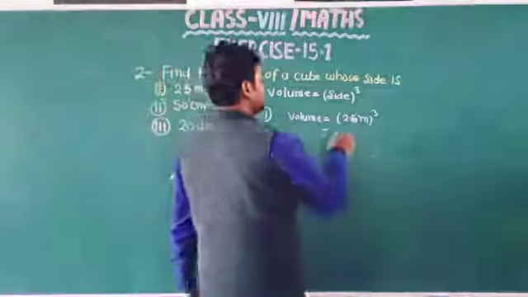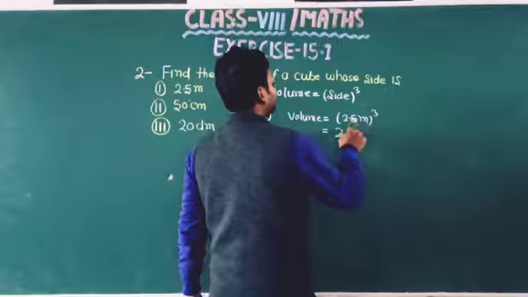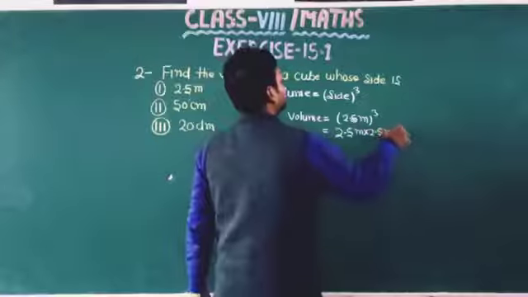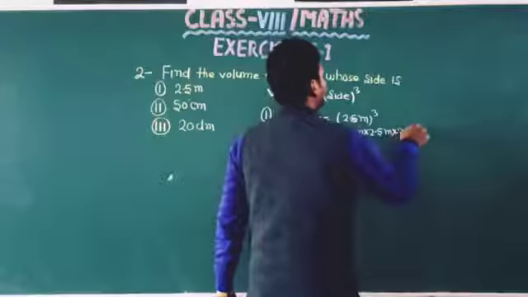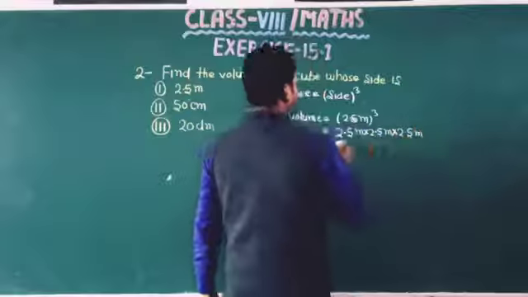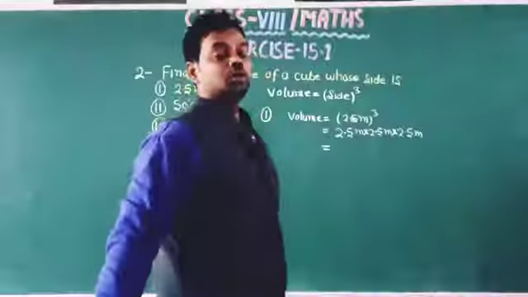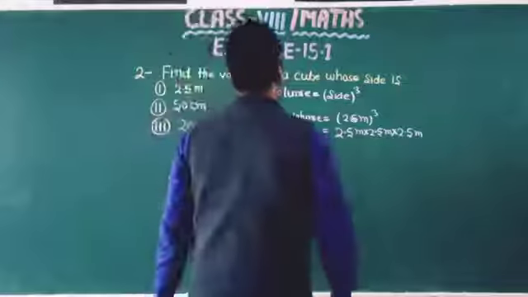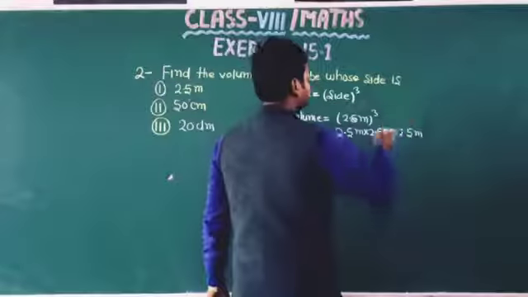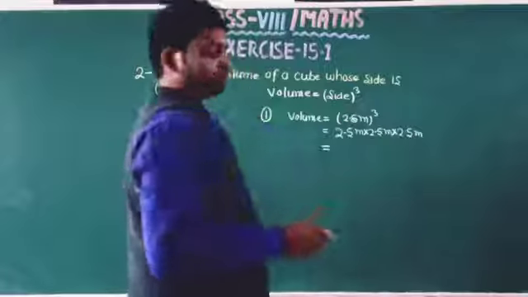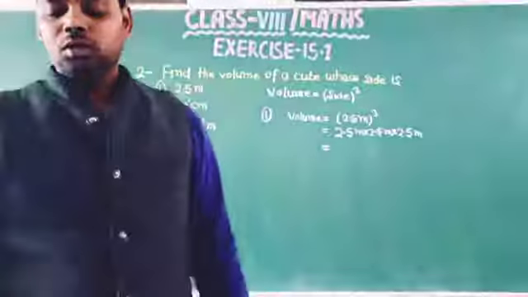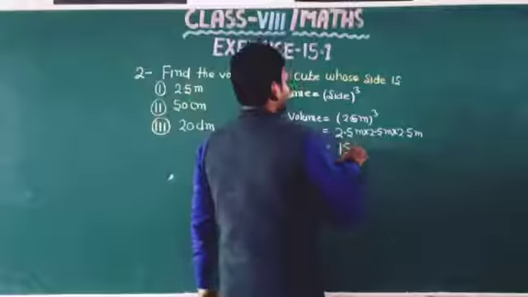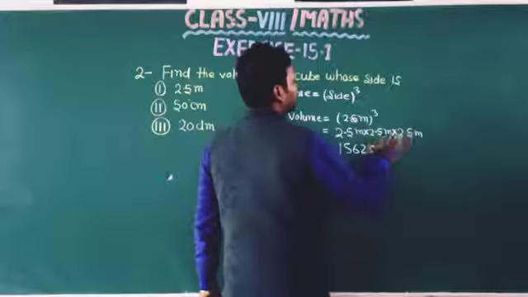So this can be written as 2.5 meter into 2.5 meter into 2.5 meter. Now taking the product of 2.5, 2.5, 2.5, we will get its product equal to 15625.